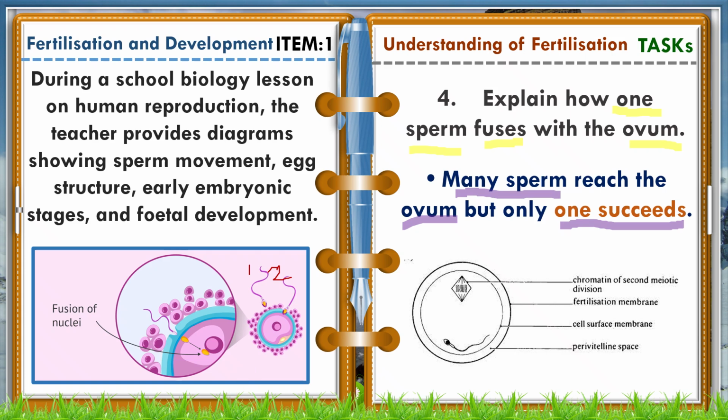So we can see here that there is only one sperm that has entered into the ovum. And after that one, they form a perivitelline space, which will prevent any other entry of any other sperm. So it is only one that succeeds.